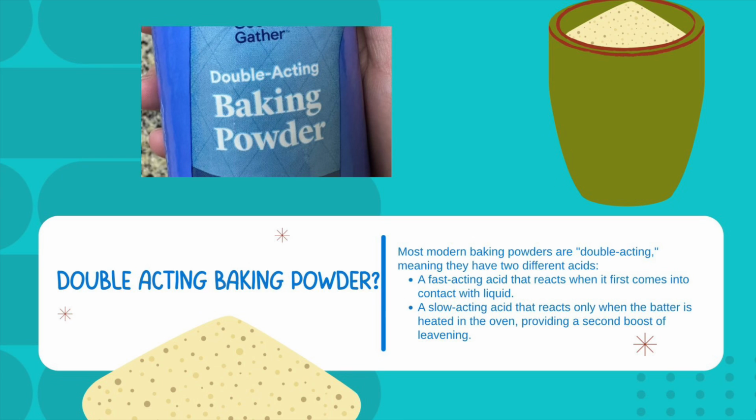So in this baking powder that I have, the monocalcium phosphate reacts immediately, and then the sodium aluminum phosphate is the one that reacts later when it is heated for that extra boost.